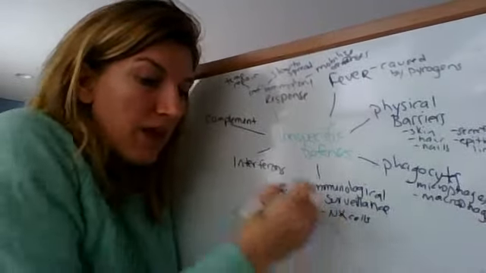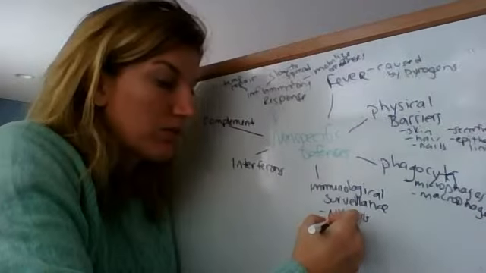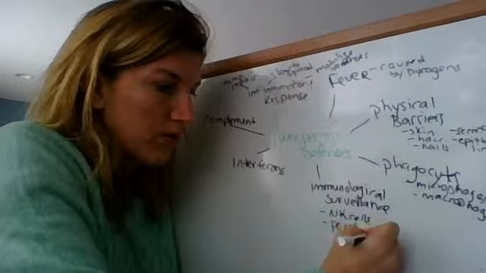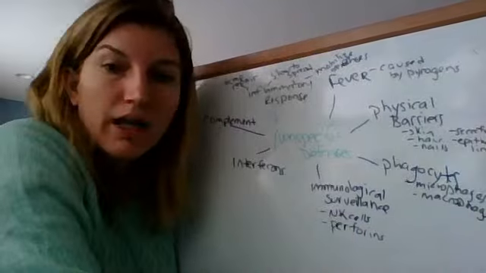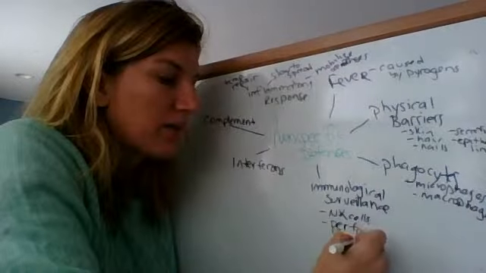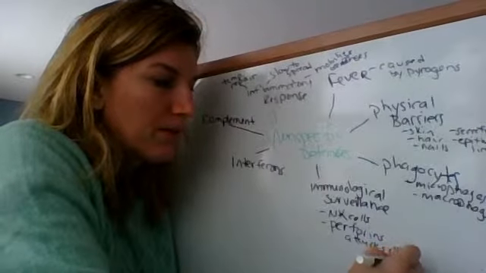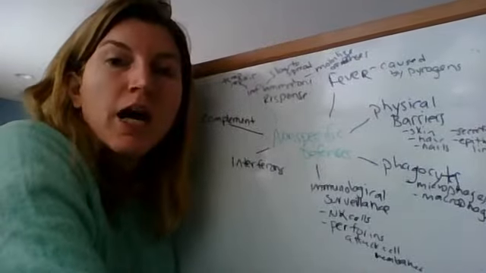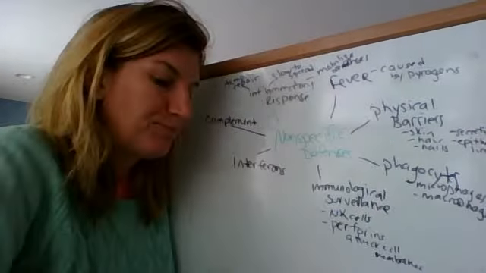They basically can attack the cell membrane with little chemicals called perforins. P-E-R-F-O-R-I-N-S, perforins. They attack the cell membrane basically by punching little holes, or perforating, the cell membrane of the invading or infected cell.